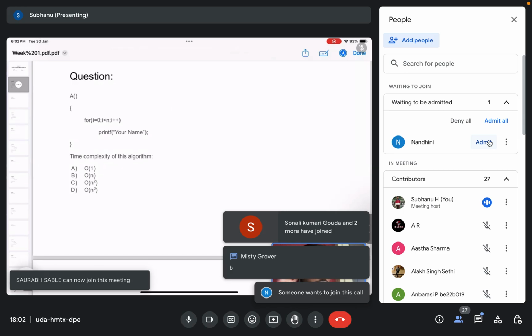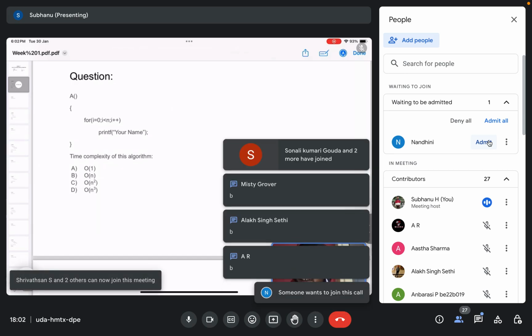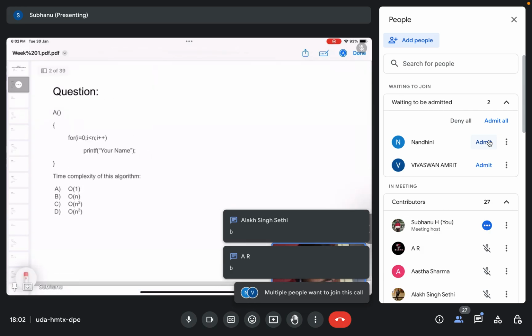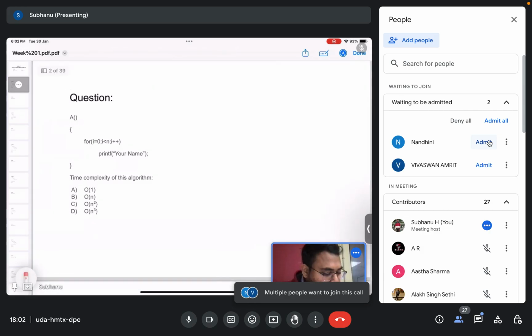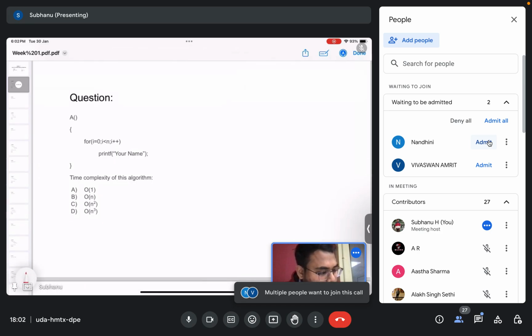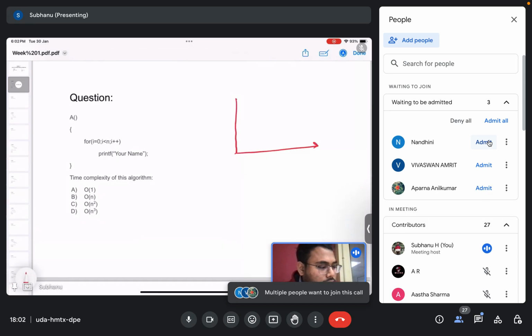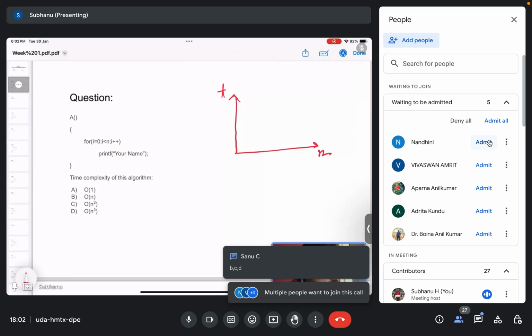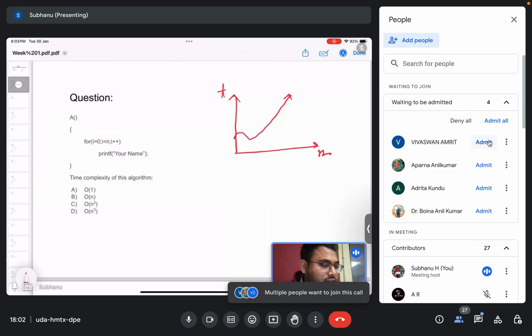As you already learned about the asymptotic notations from the course instructor, if we plot n, the input size, against t, the time, then we have a function which grows like this.